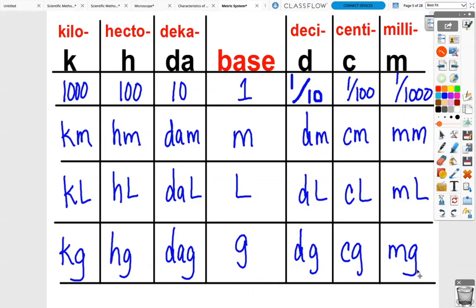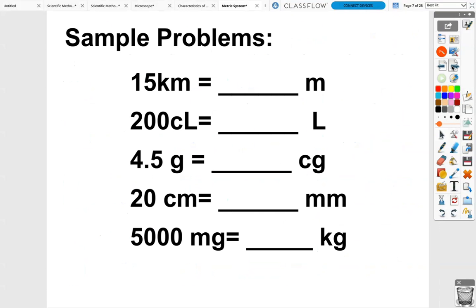And it would take 1,000 milligrams to equal 1 gram, since a milligram is a smaller unit of measure. Once you're finished with that, you're going to use this chart on your problems. I will probably put a screenshot of this chart on your Canvas, so you can refer to it anytime you like. Okay, I'm going to move ahead. If you need to, you can pause and finish your notes.